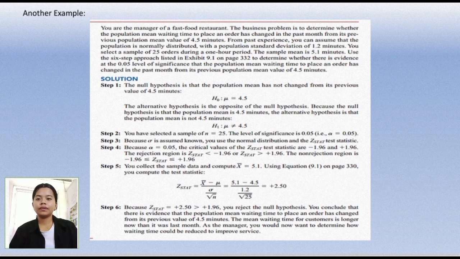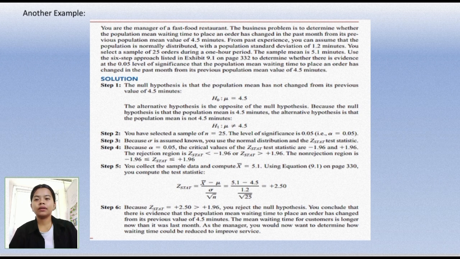Step 2 is you have selected a sample of 25. Then the level of significance is 0.05, our alpha. Then step 3, our standard deviation is already given, so we use the normal distribution. Next, our critical values are negative 1.96 and positive 1.96.